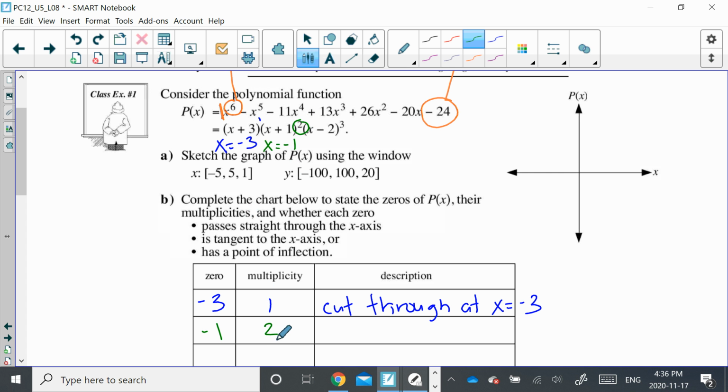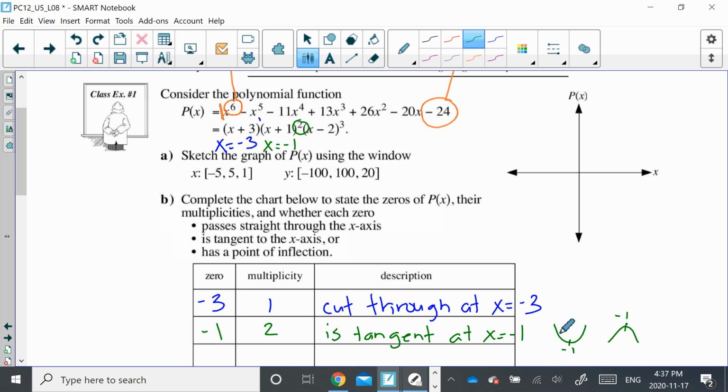Remember, if you have an even multiplicity, like a 2 or a 4, your graph is going to be tangent at x equals negative 1. Tangent means it's going to touch the x-axis at negative 1. So it's either going to look like that or it's going to look like this.